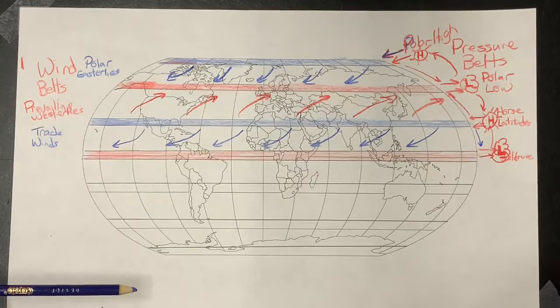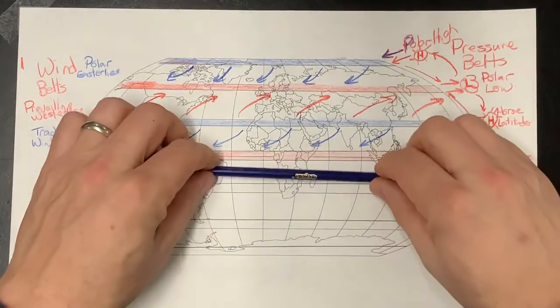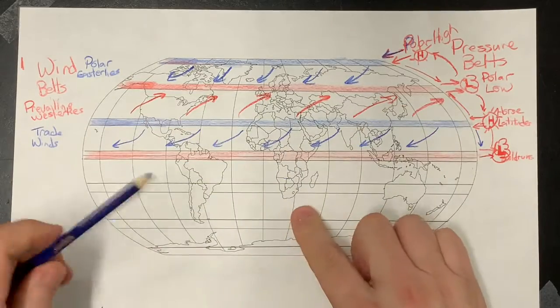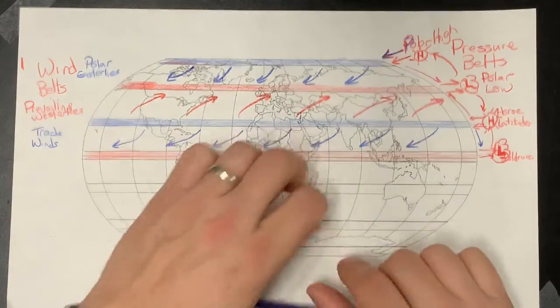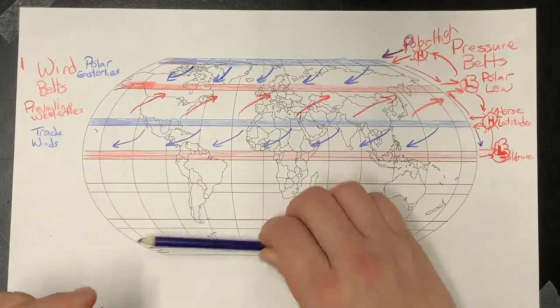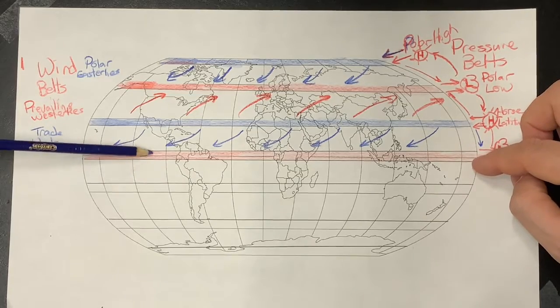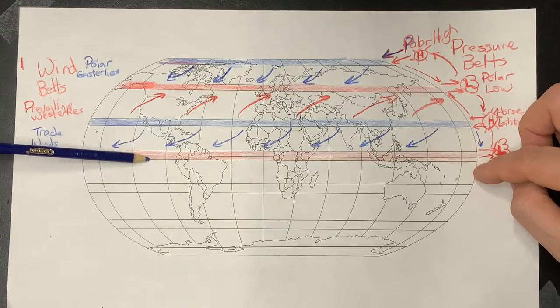Southern hemisphere, the layers are the same. We have a layer of trade winds blowing in this direction. We have a layer of prevailing westerlies coming from the west, and then polar easterlies coming from the east. The doldrums are already in both hemispheres because they are like 5 degrees north and 5 degrees south of the equator.